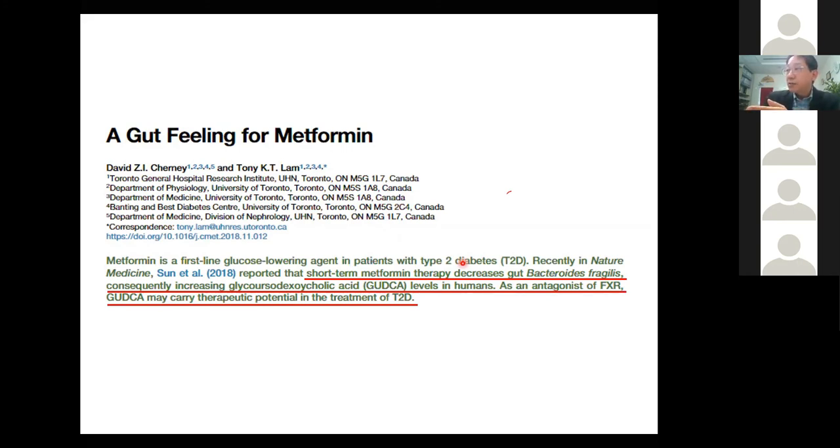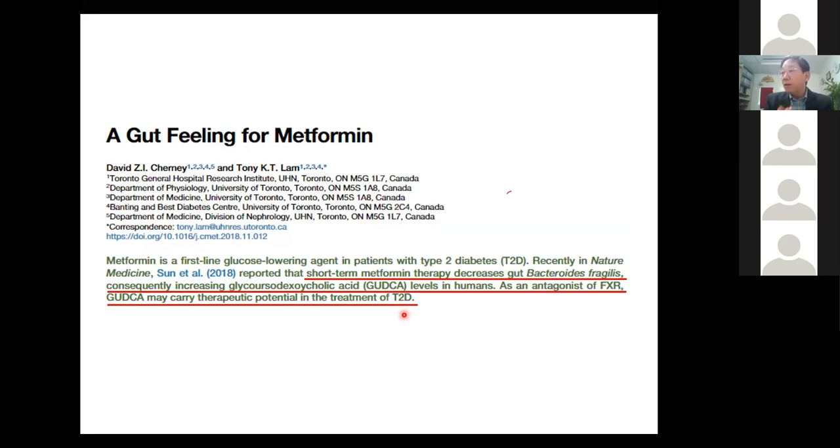And in the human study, they gave metformin to the T2D patients and looked at the change in the abundance of Bacteroides fragilis and also conjugated bile acid.